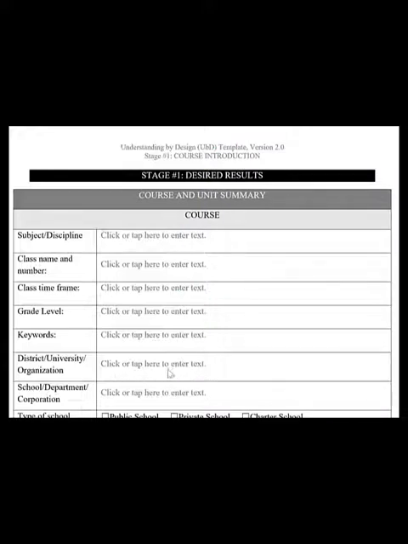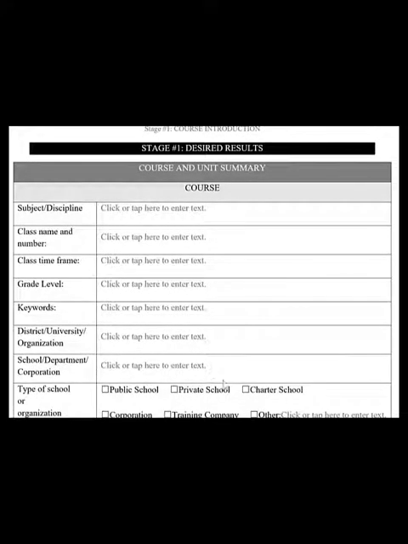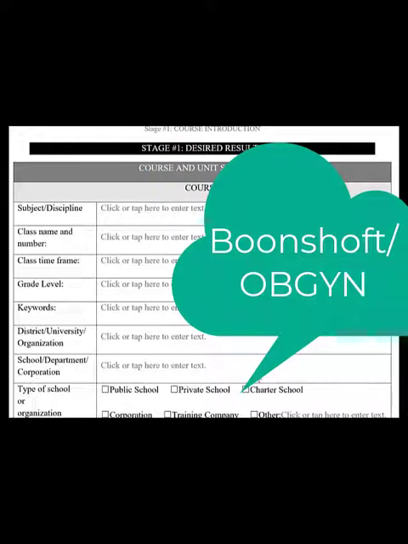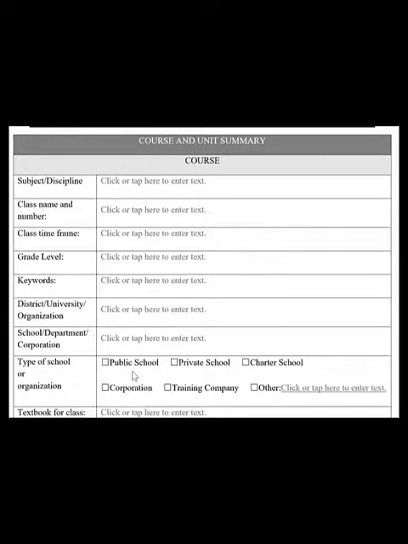Our district or university organization could be our medical school name, and our school or department would be then here. So this would be Wright State University for us, and our school department would be OBGYN or Boonshoff School of Medicine. Type of school then, we might be a public or a private school. We are public, but I would click Other and put University setting.